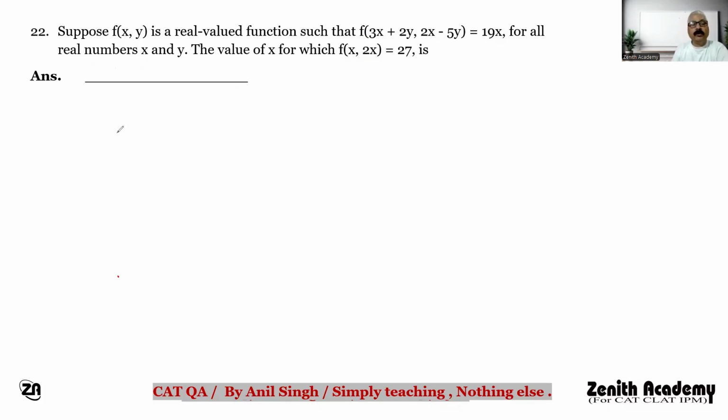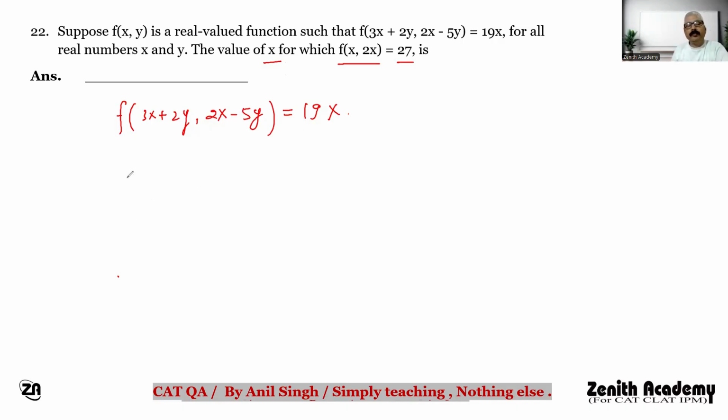Here f(3x plus 2y, 2x minus 5y) is equal to 19x, and we have to find the value of x for which f(x, 2x) is equal to 27.